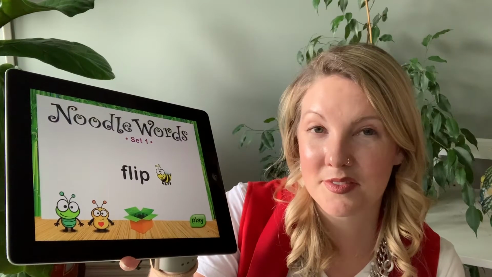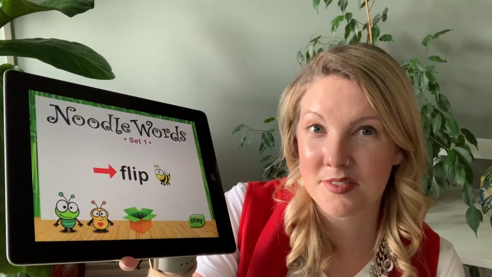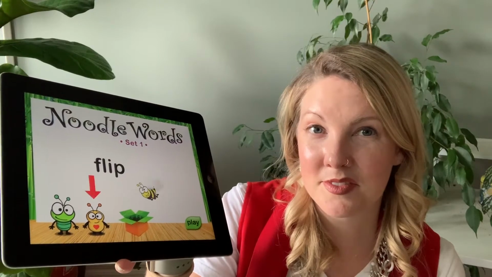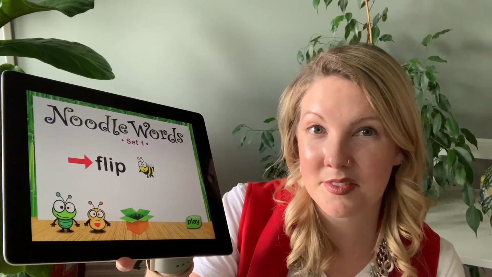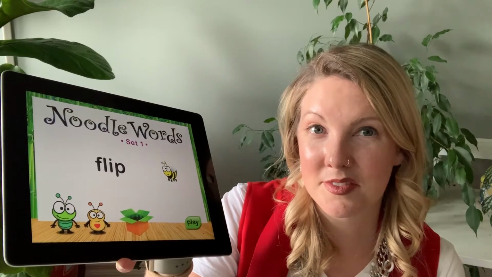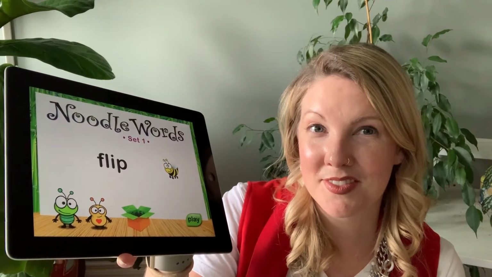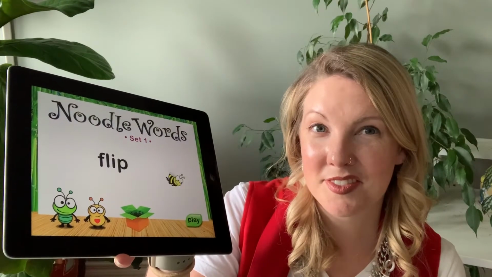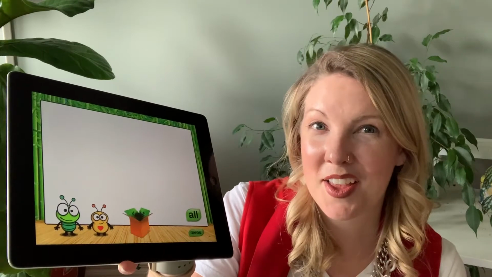Flip. And you can press and hold to move it around. Flip. Tap the bugs, tap the words, and anywhere you want. Are you ready to play? Okay, let's go. I'll be hiding inside. See if you can find me. Spin.